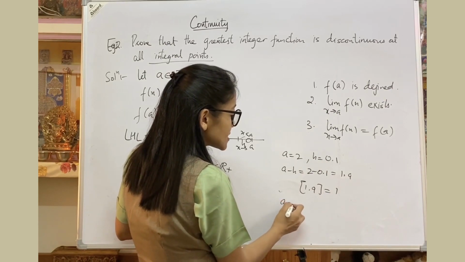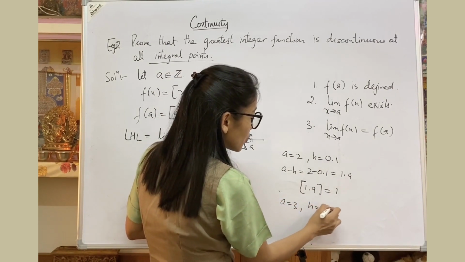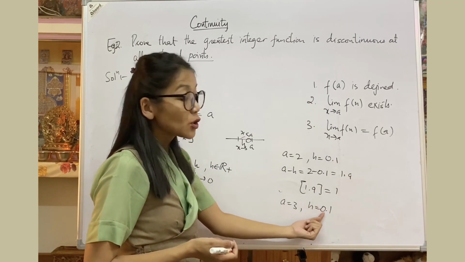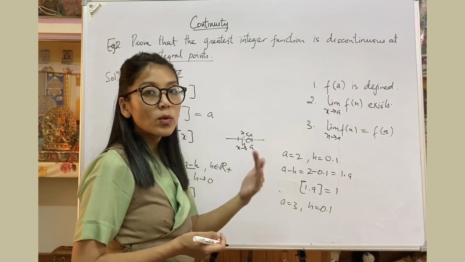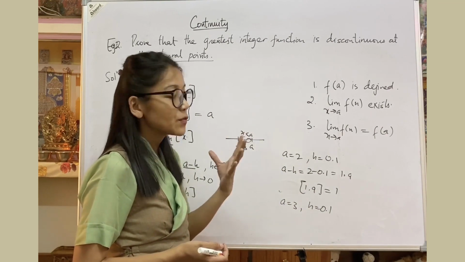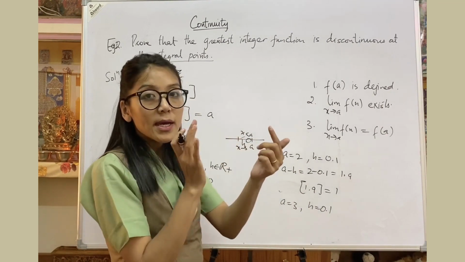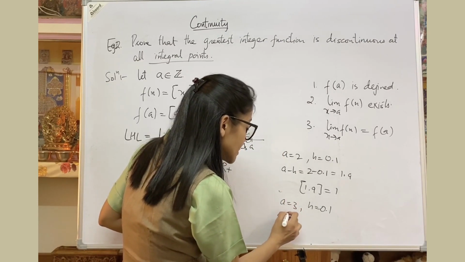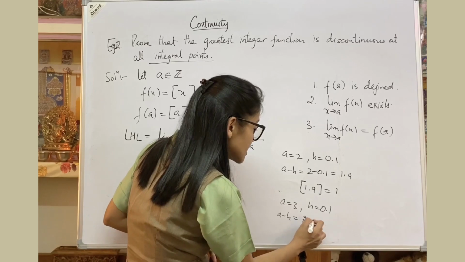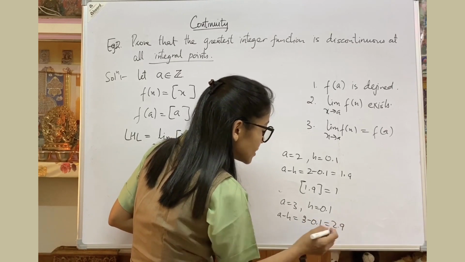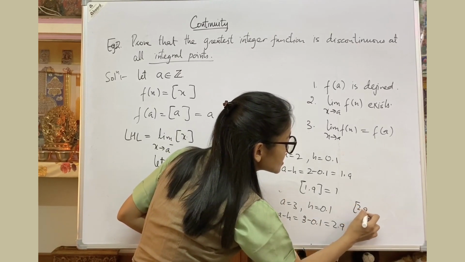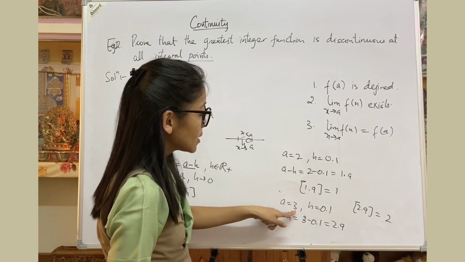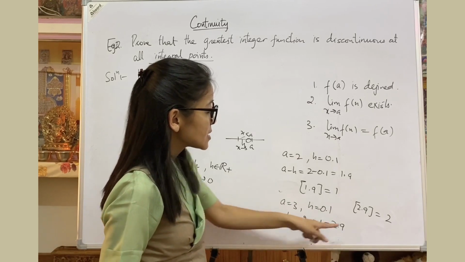Similarly, if I take a equal to 3 and h equal to 0.1, not necessarily 0.1, you can take 0.01, 0.2, 0.3, any positive real number, but it should be close enough to a. Then a minus h is 3 minus 0.1, which is 2.9, and the greatest integer function of 2.9 is 2.